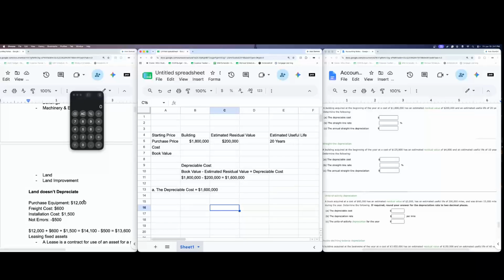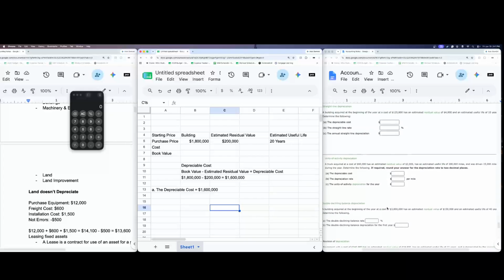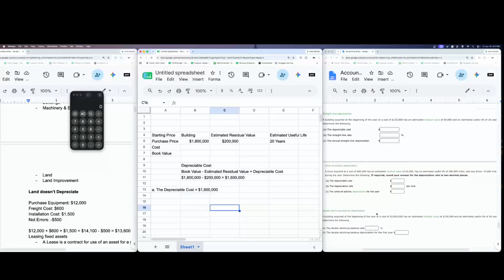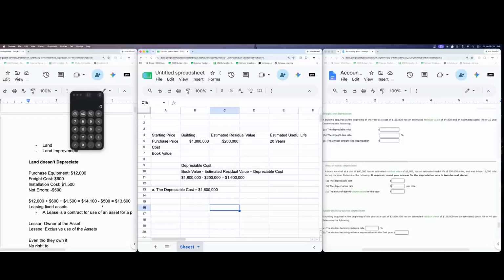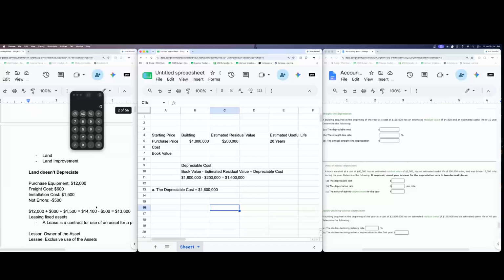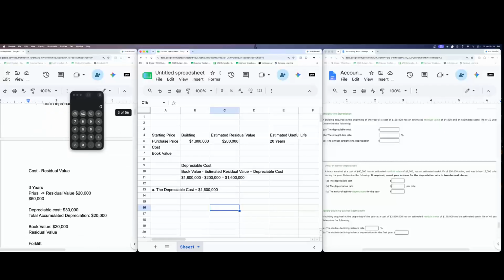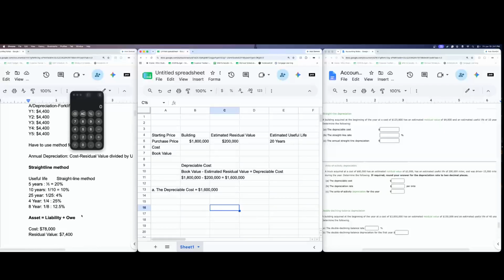For example, there's straight line, there's unit of activity, and there's double declining balance, and there are various reasons why you might want to use double declining balance, to have as much depreciation at the start of the asset's life, or you can use straight line. But in this example, they're asking for the straight line method.